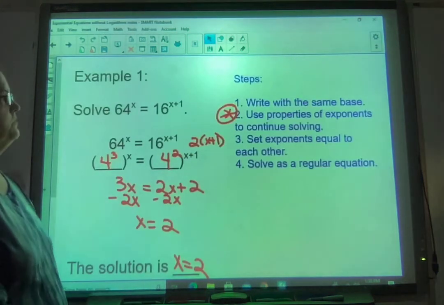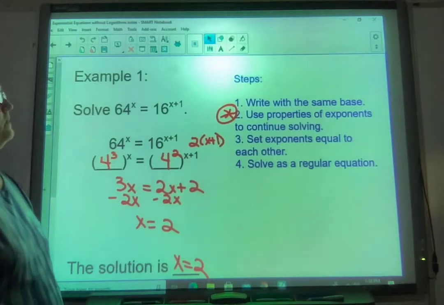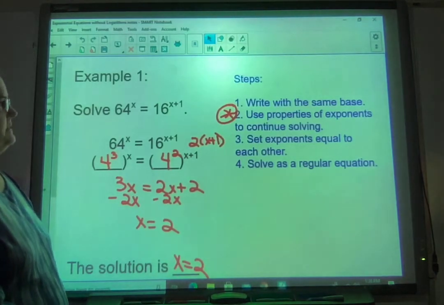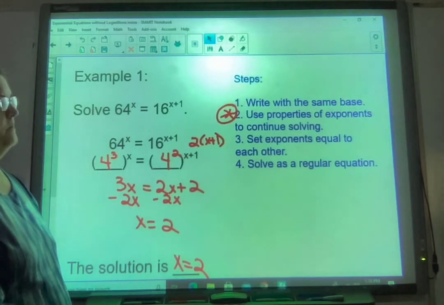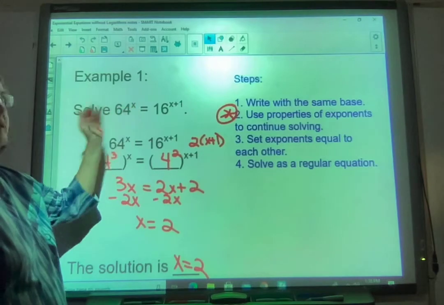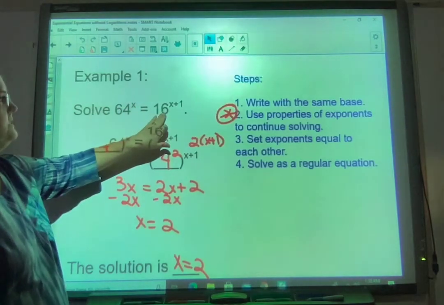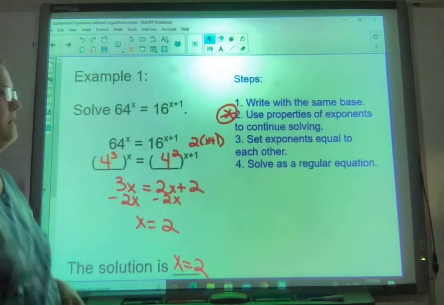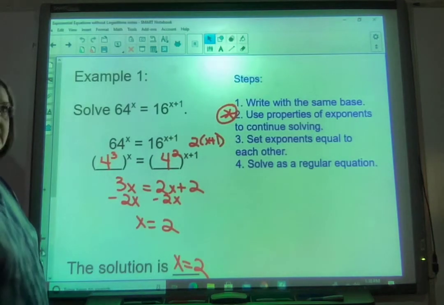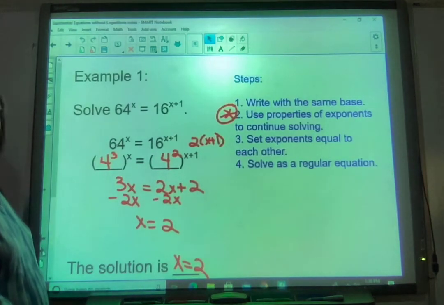All right, so this is our first example. Now, what you want to do is you want to take all of your bases and write them with the same base. So I have 64 raised to the x power is equal to 16 raised to the x plus 1 power. I can write both 64 and 16 with a base of 4.